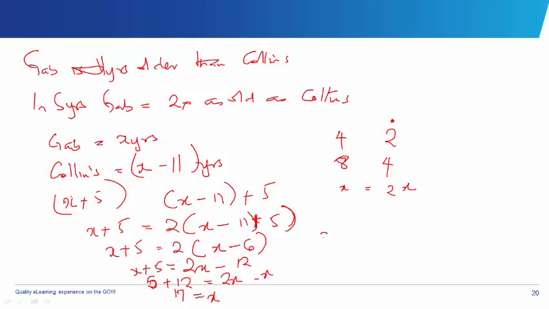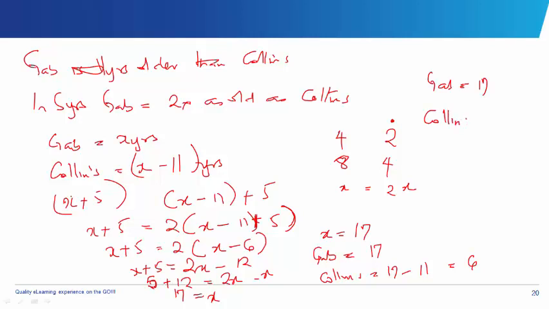Since x equals 17, Gabriel is 17 years old, and Collins will be 17 minus 11, which is 6. So Gabriel will be 17 and Collins will be 6.